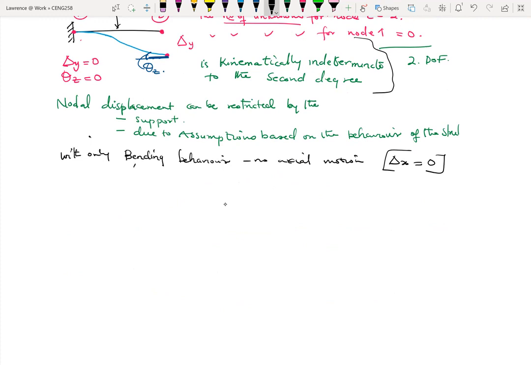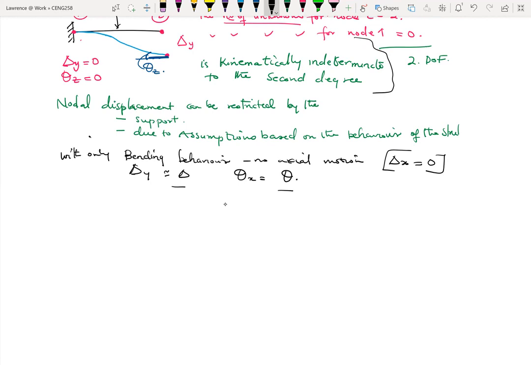We are only focusing on delta y, which we can simply call delta, and theta z, which we can simply call theta. So we can reduce the kinematic indeterminacy to just these two terms, either delta or theta.